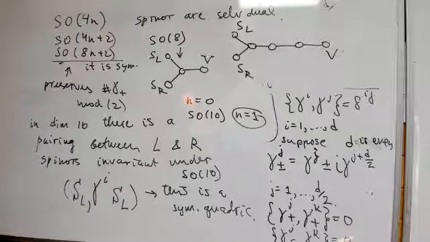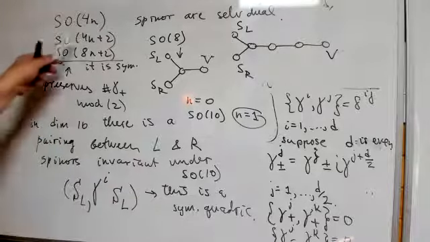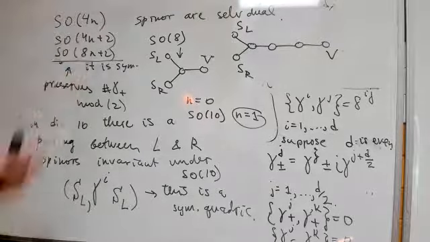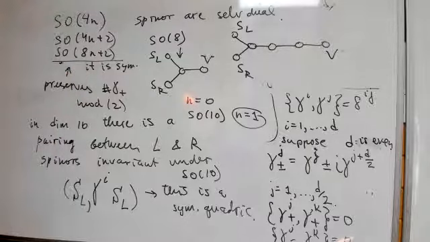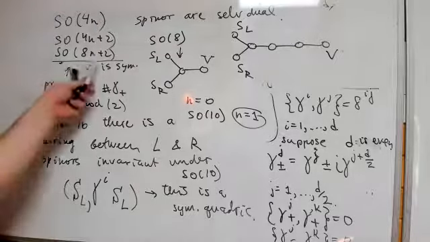To have Weyl spinors, we have SO2N. To get spinors that are not self-dual, we get to SO4N plus 2. To get symmetric, we get this.